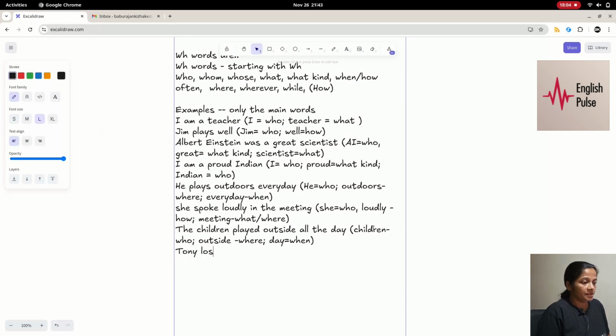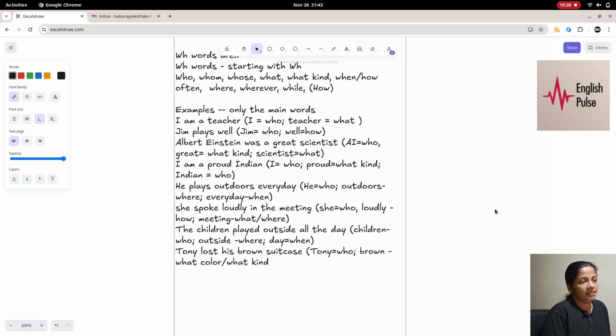Tony lost his brown suitcase. Let's start with Tony, who. Lost is the verb. Brown, brown represents what color? So we can say what kind.